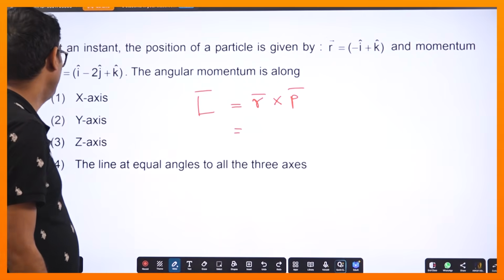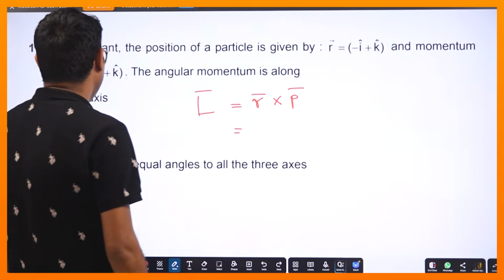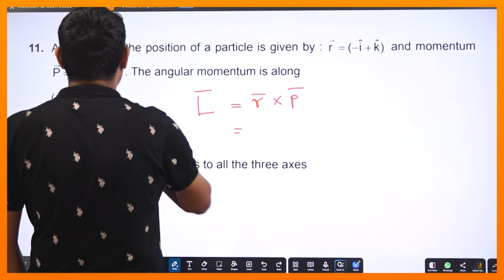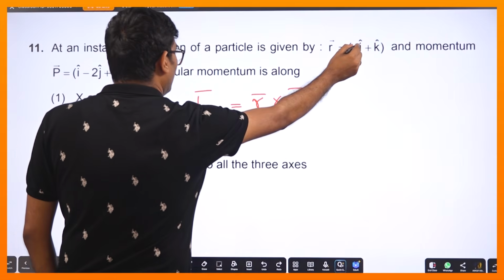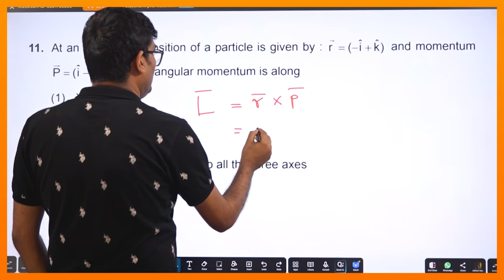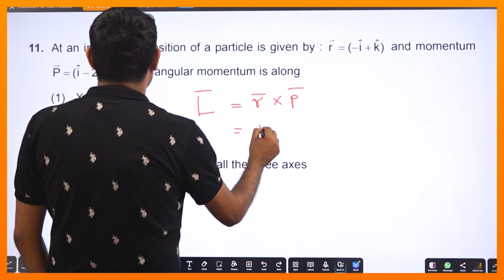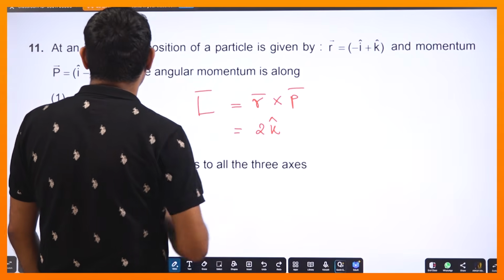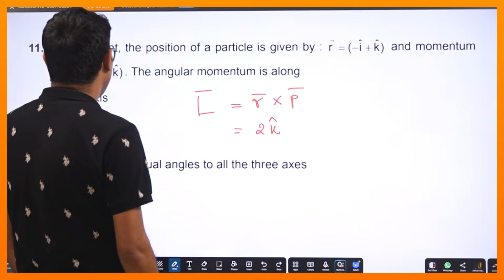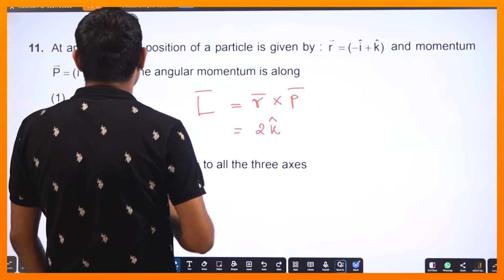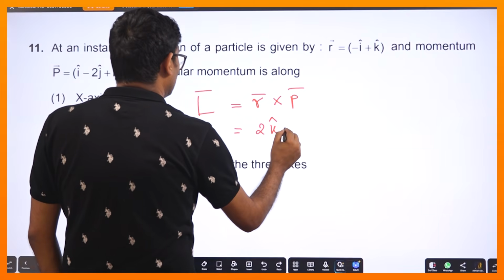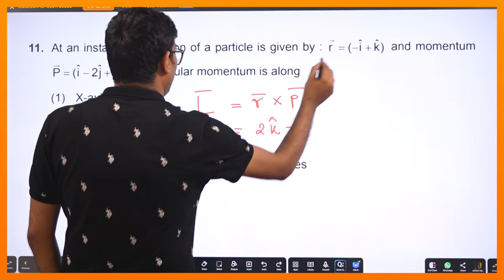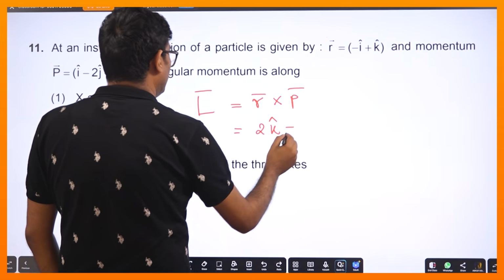Now r cross p, if you do, then minus i cross minus i is 0, right? i cross j is k, so it is 2k cap. And i cross k is minus j, so it is plus j.